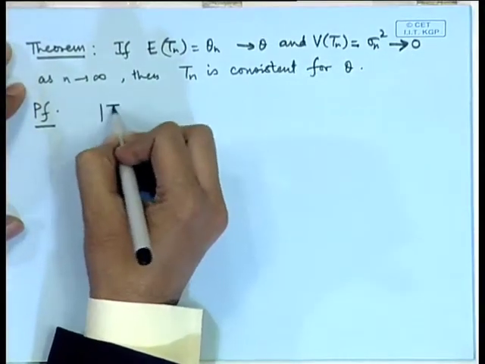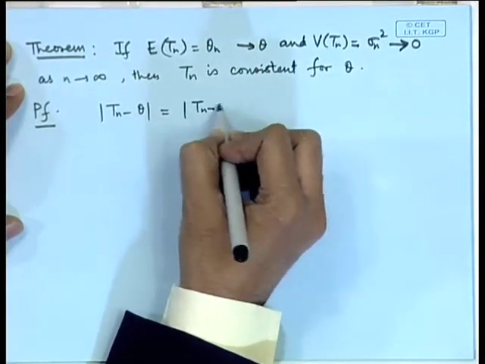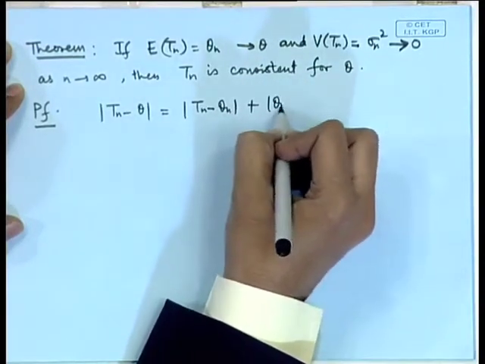We can write T n minus theta as T n minus theta n plus theta n minus theta.